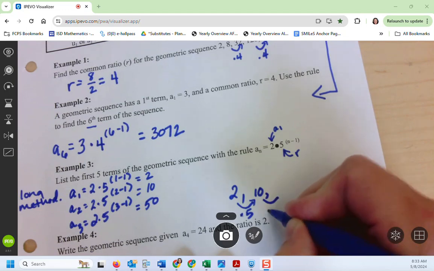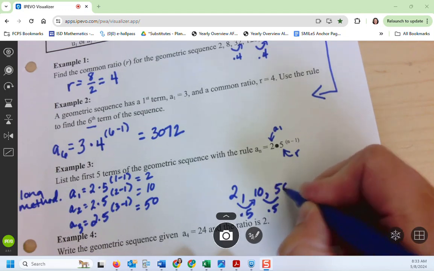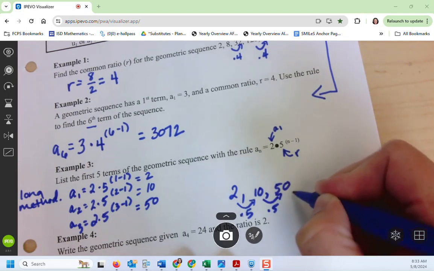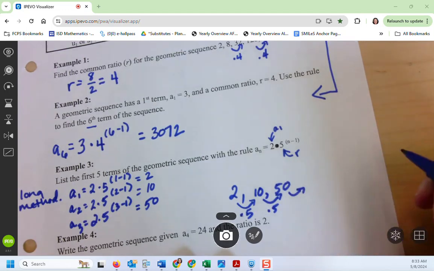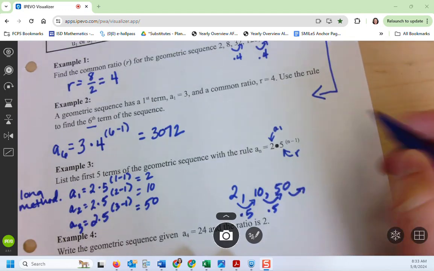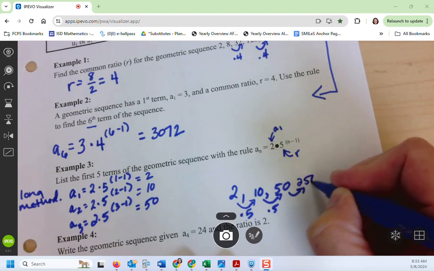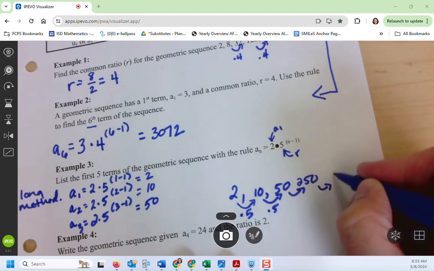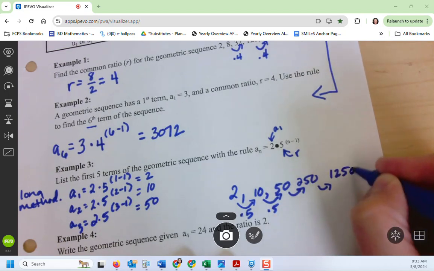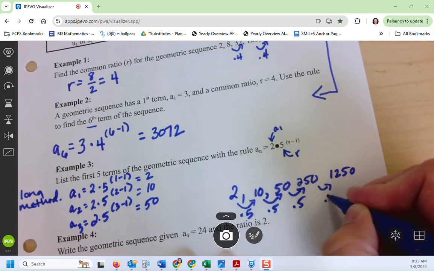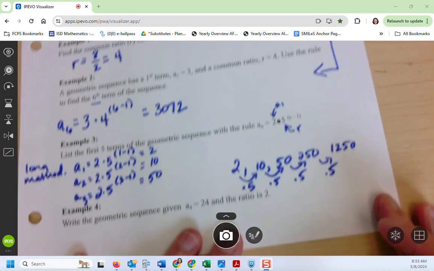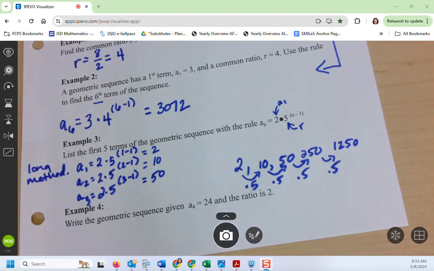And then I'm going to do times 5 again to get 50. And then what's the next one? 250. And then? Yeah, 1,250. So both of the methods work. If you really like one method over the other, you can do that. It's good to understand both methods, though.